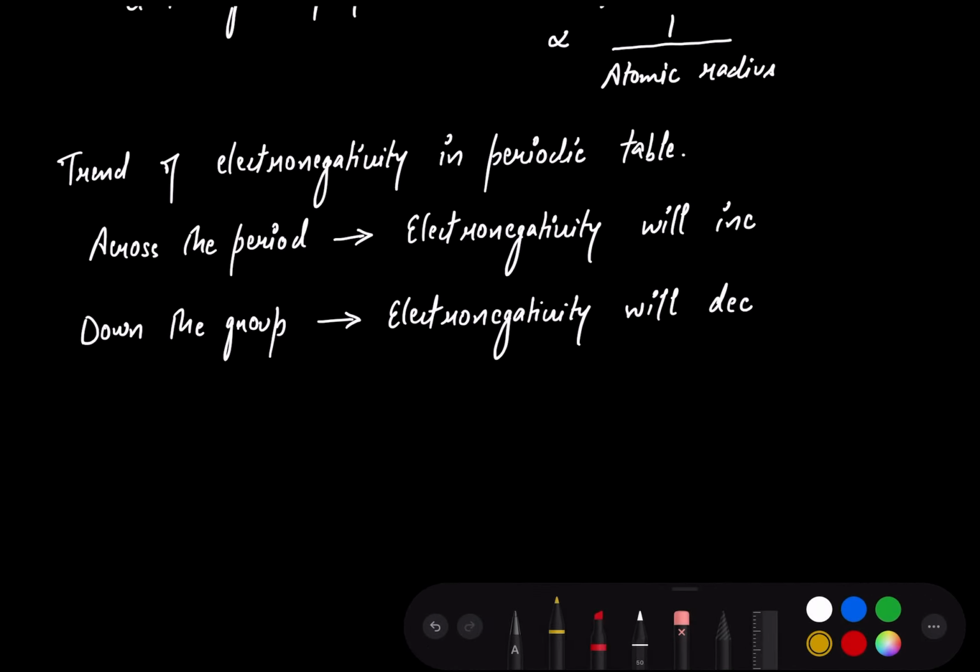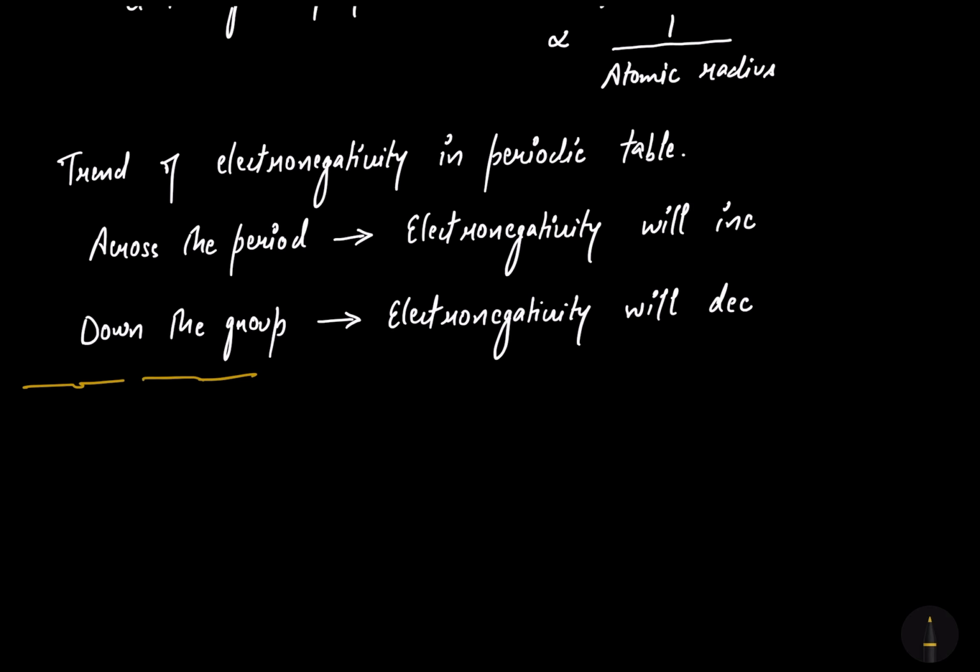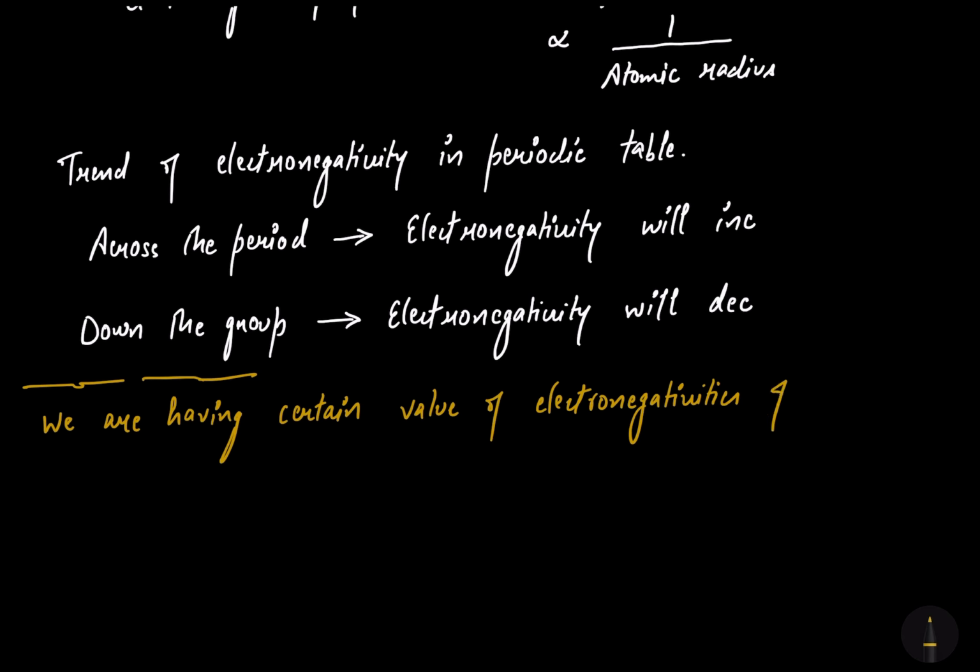We are having certain values of electronegativity of all the elements, in which fluorine is the most electronegative and having the value of 4.0.